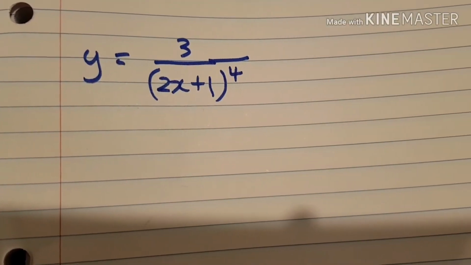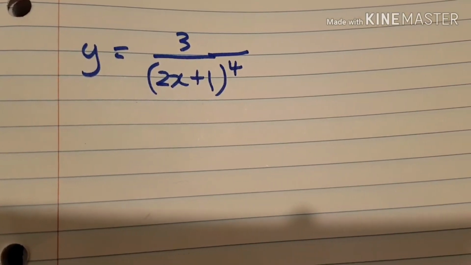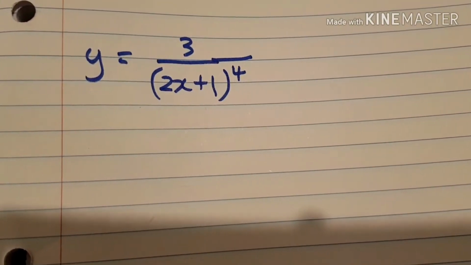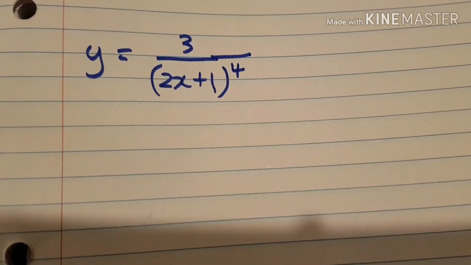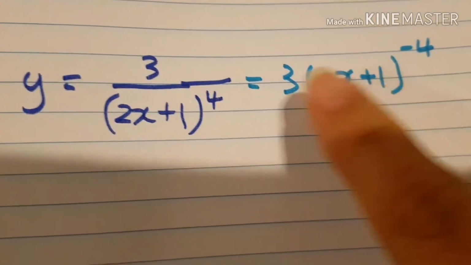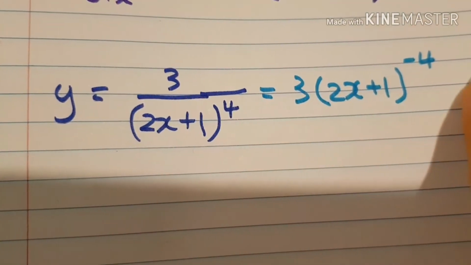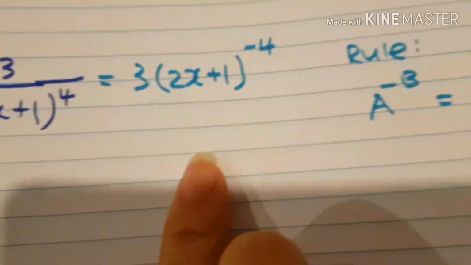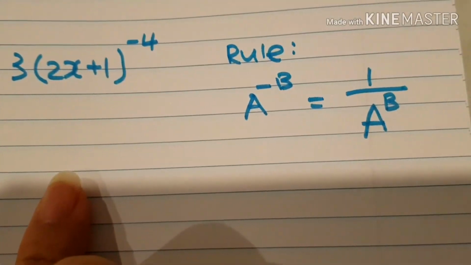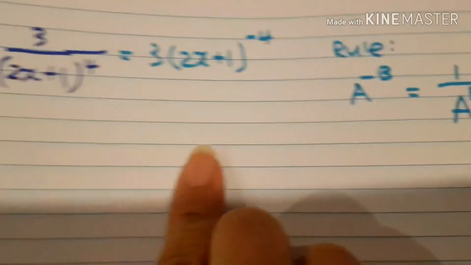Okay, let's have a go at doing fraction. Alright, how would you use the chain rule for this one? Obviously, you have to make it into negative power. So that one goes up, then it becomes a negative power. Okay, remember this rule? You're just applying this one over here.